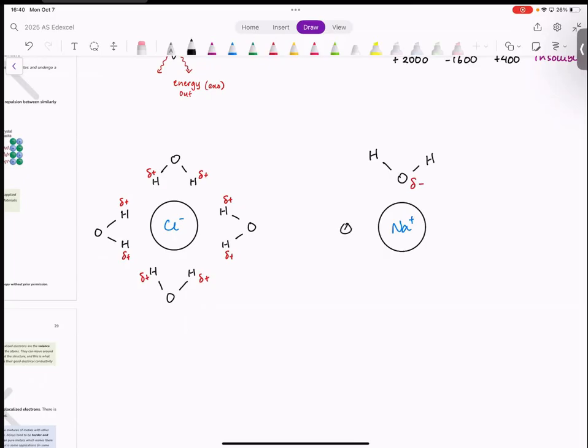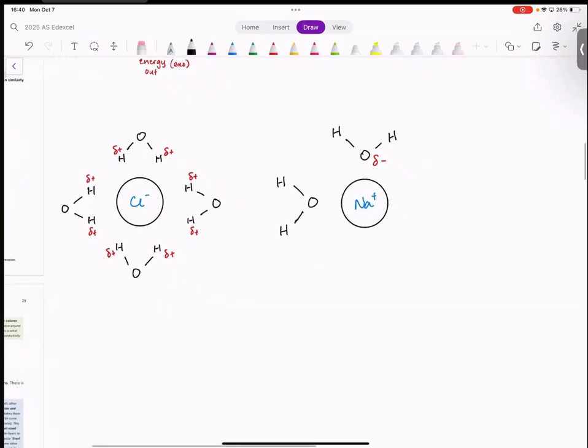A lot of online sources, when you Google this, if anyone does do a Google search and tries to see an alternate source of the information, a lot of sources will tell you that there are always 6 water molecules around the cations. You don't have to remember that because it's not in AS. If you want to draw 6, I'm just saying, why would I do the extra work as a student?